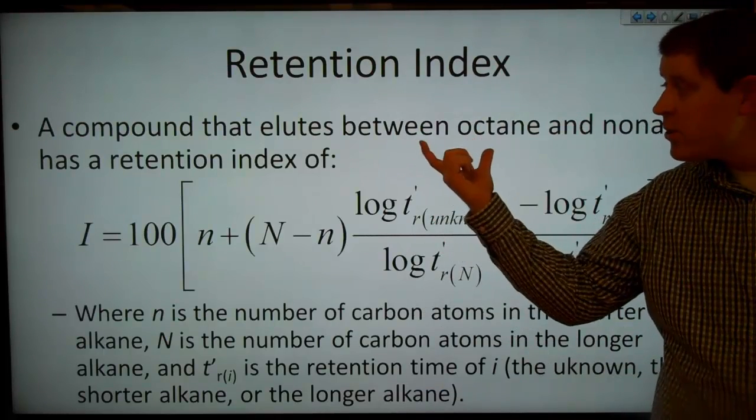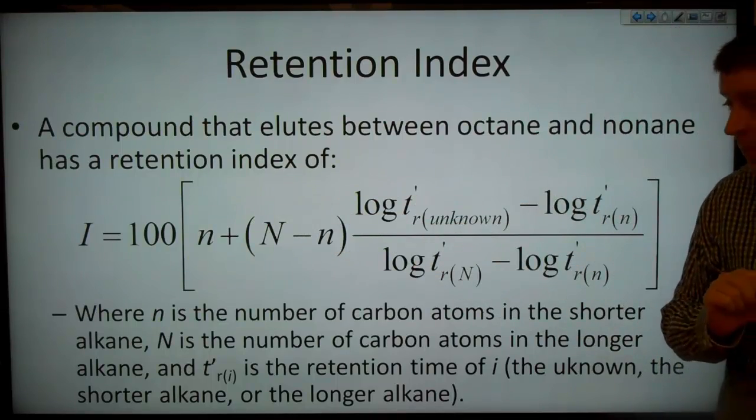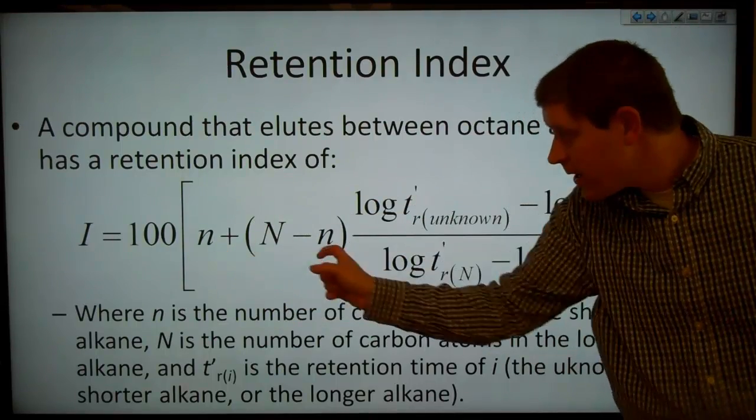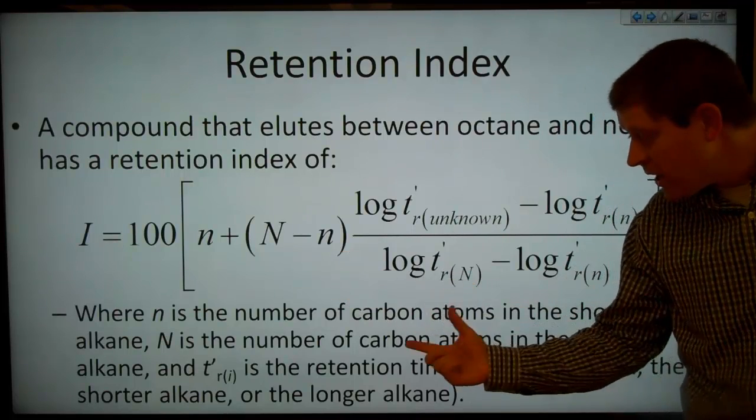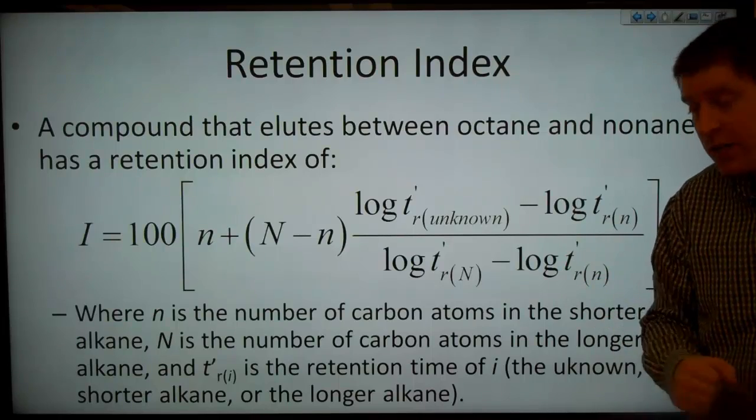So that compound that elutes between octane and nonane has a retention index given by this equation here, where the lowercase n is the number of carbon atoms in the shorter alkane, so octane in this case.